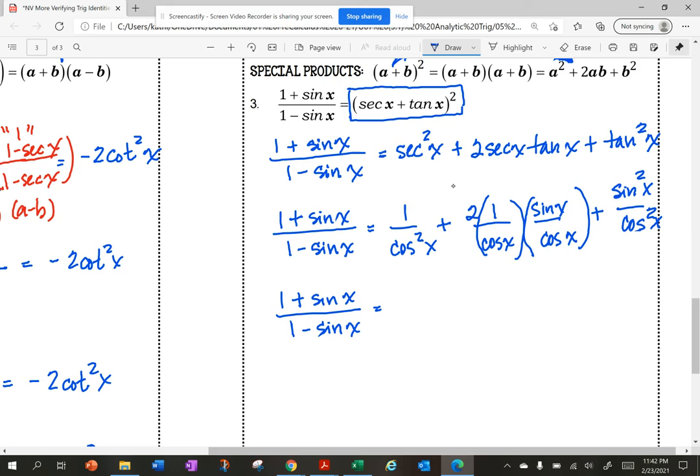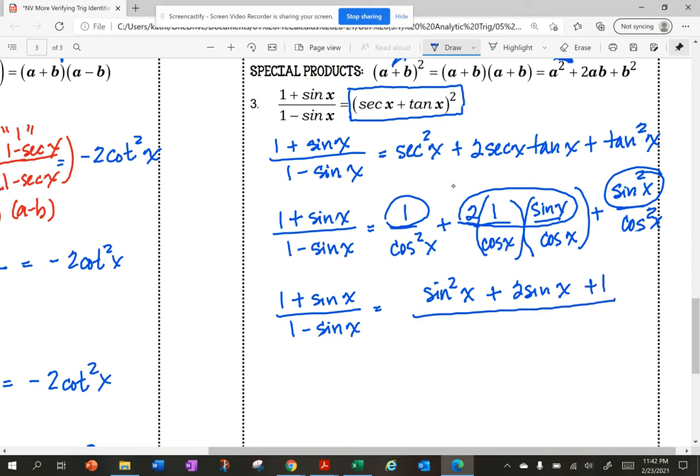I'm going to rewrite this as the sine squared first. Sine squared of x plus 2 sine of x plus 1, because I'm going to write these in descending order, from highest degree to lowest degree.